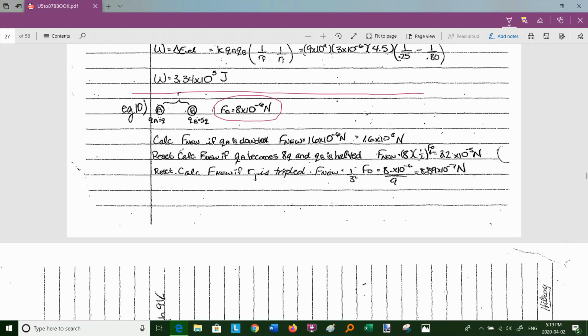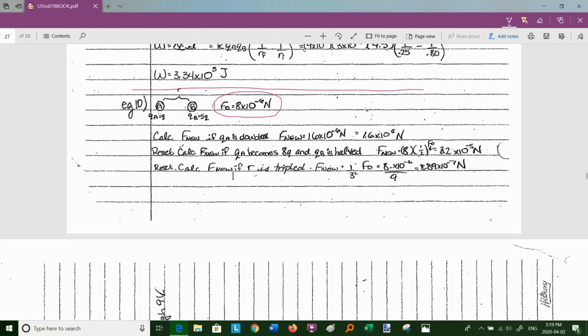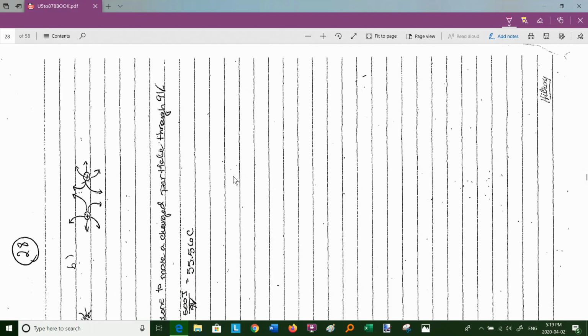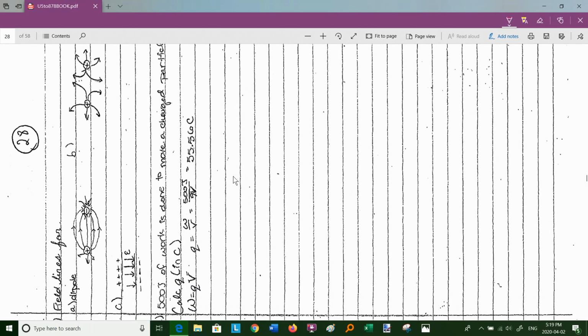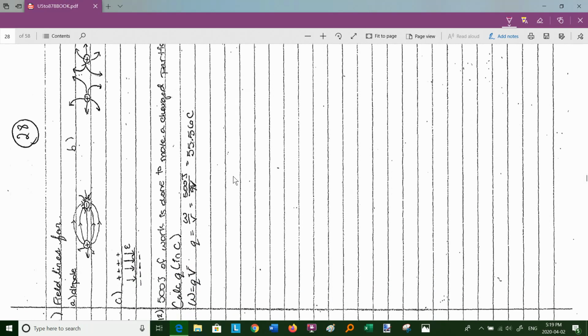Then I'm not gonna flip the pages around for these ones here. You can, if you have a laptop, just flip it, or just tilt your head 90 degrees. You're going to have to draw field lines for maybe a uniform electric field, or a dipole, or 2 charges of the same sign. So make sure to put your arrowheads in, and in the ones with the dipoles or the 2 charges, make sure to put a few lines in all 3 regions, right?